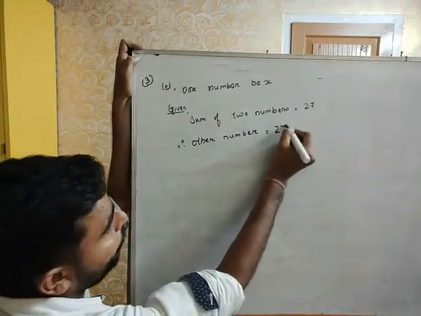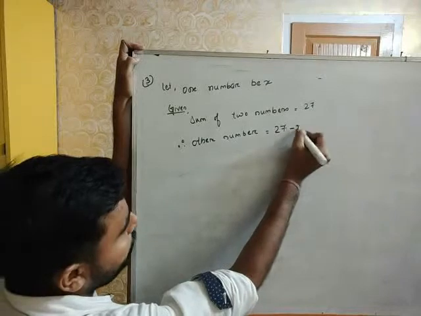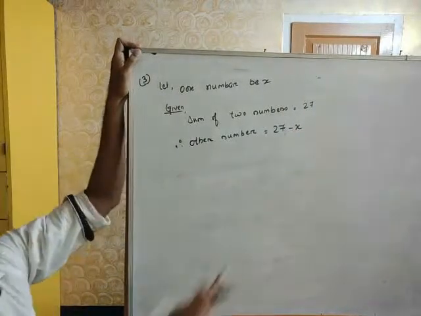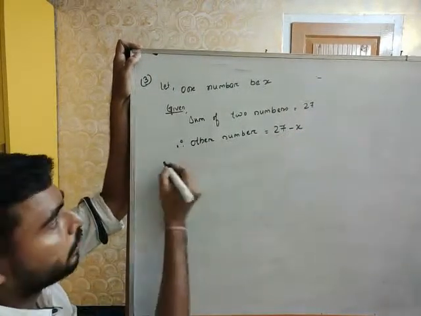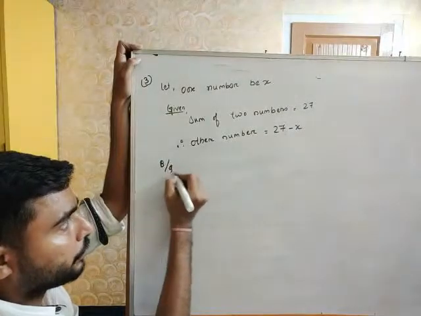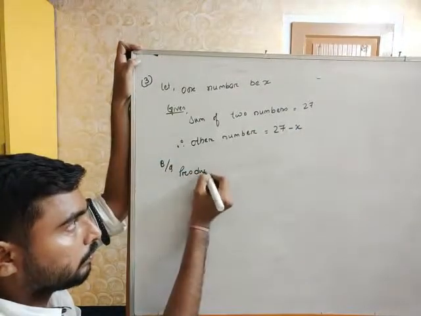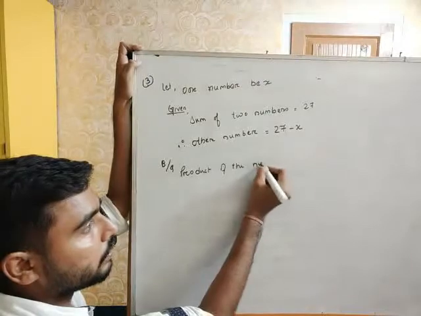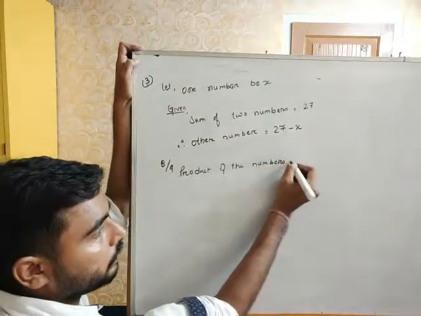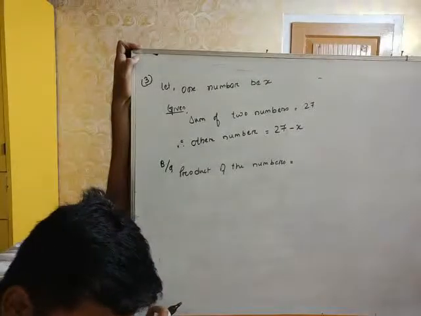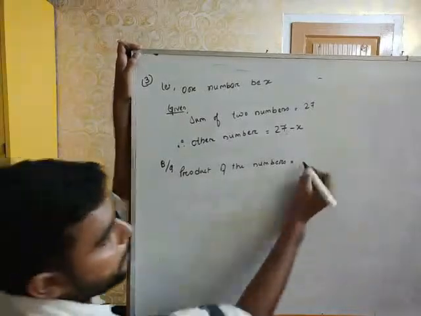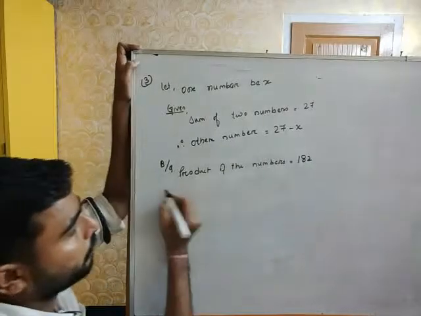The other number is equal to 27 minus x. Is there any doubt with this? By the question, product of the numbers is equal to 182, isn't it?